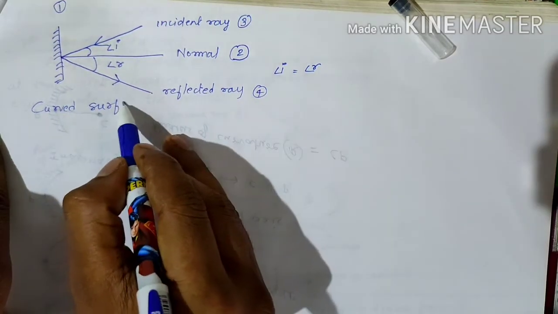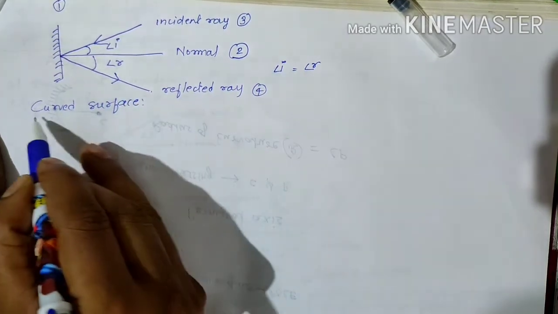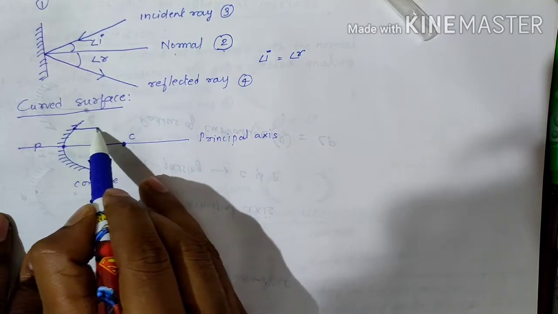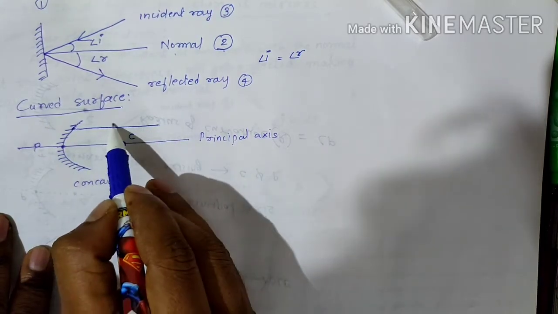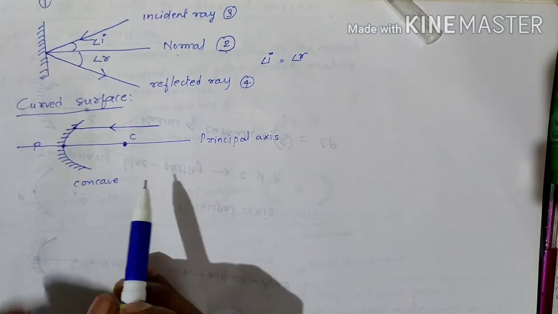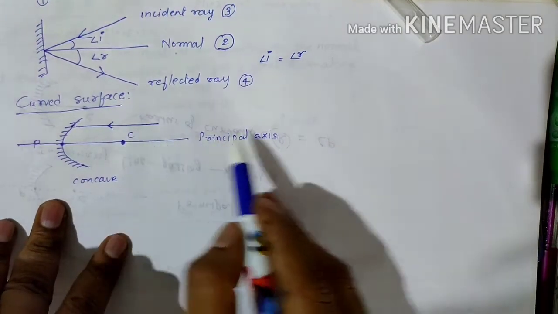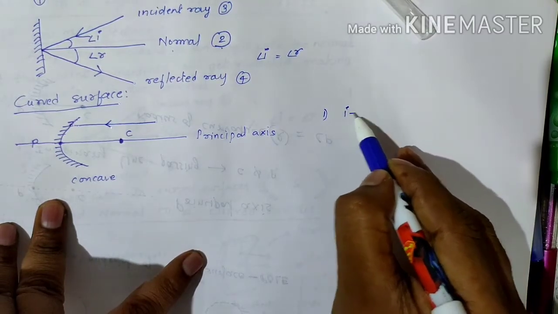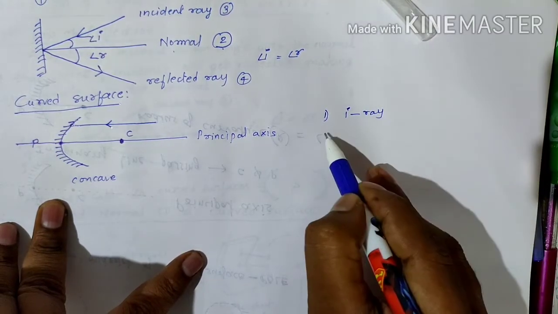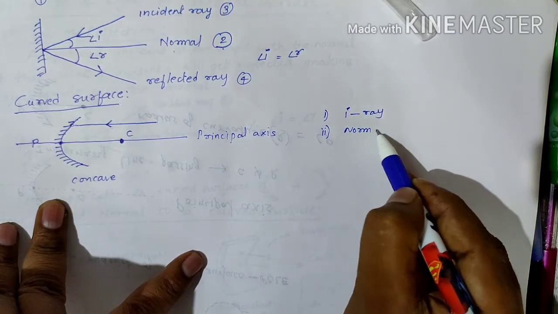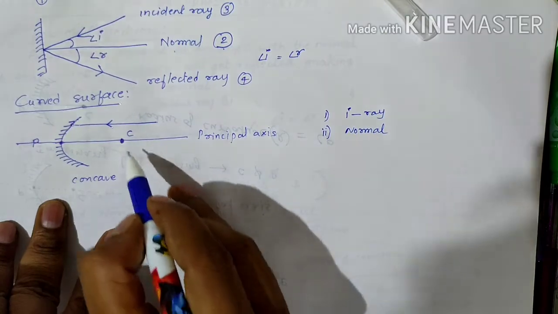So now let us apply the same first law of reflection for a curved surface. Take an incident ray here. In the first step we have drawn the incident ray, and in the second step we have to draw the normal.